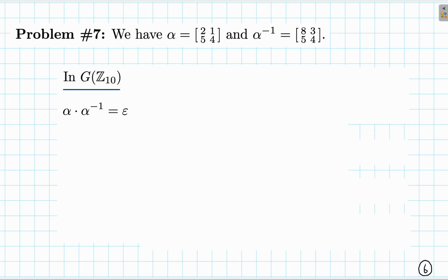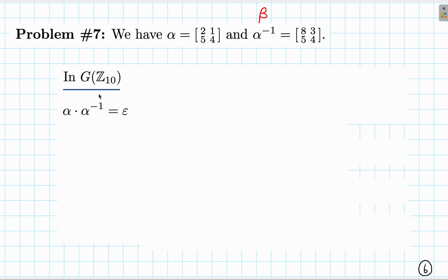Let's talk about problem 7, which motivated another property of homomorphisms. So we were given a pair of matrices, alpha and its multiplicative inverse. This one was called beta in the classwork, but let's call it what it is. It's alpha inverse because alpha times alpha inverse multiplied together to be the identity matrix.